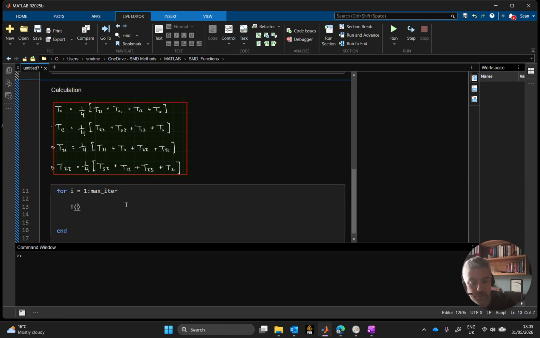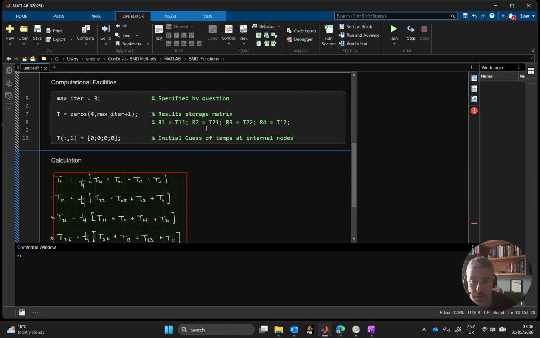So T in my first row, and then I'm going for my i plus 1th column, which is my second column. This is going to be the formula for T11, my first one: 1 divided by 4 multiplied by, now T21, do we have a T21 in here?